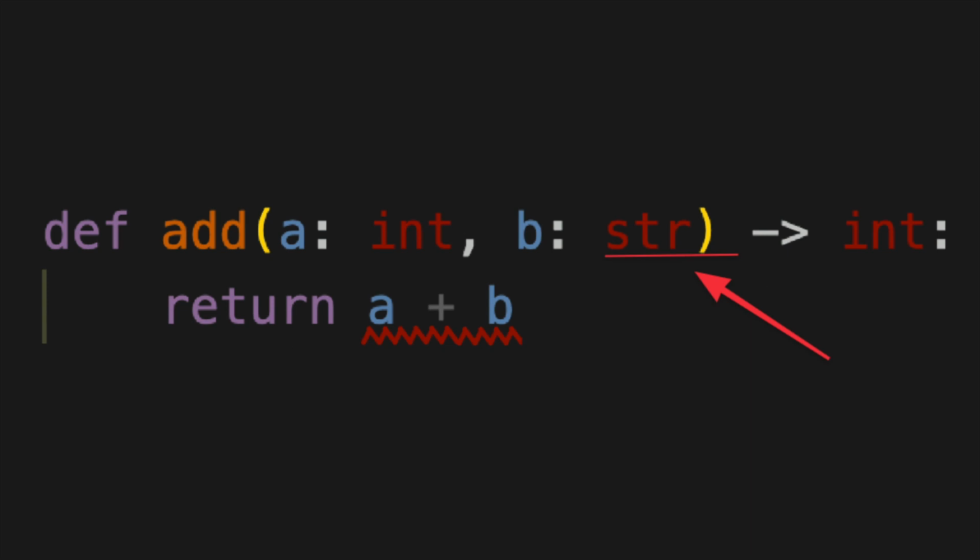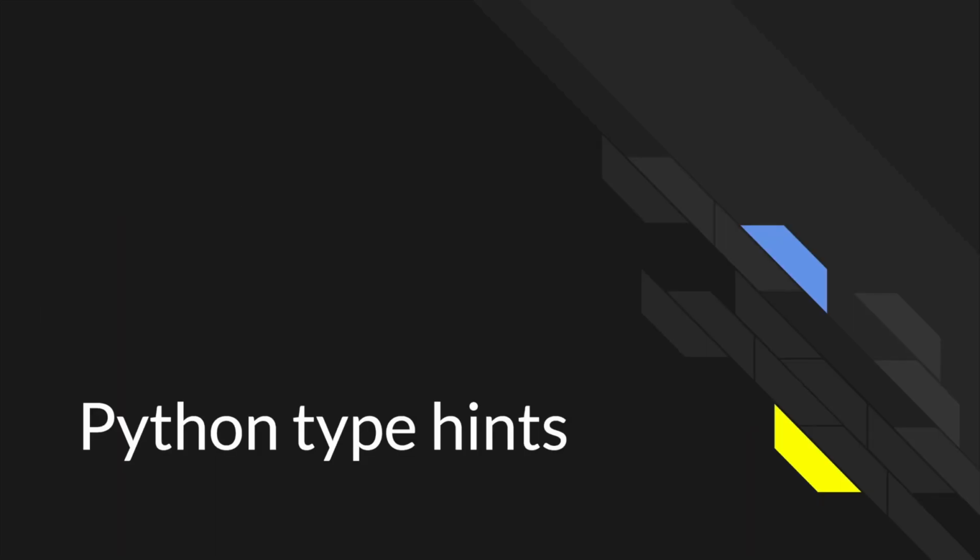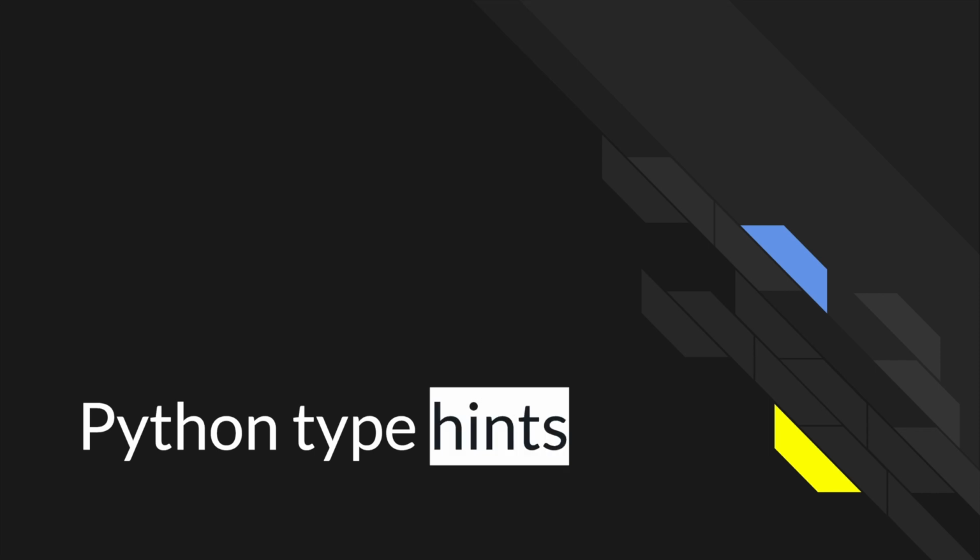So it works on a linter level, but doesn't really work on an interpreter level. Annotations are just hints, but on the other hand, these hints we can use to create APIs. And let's do it.